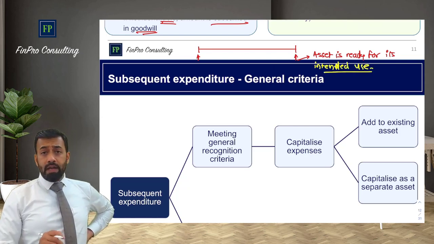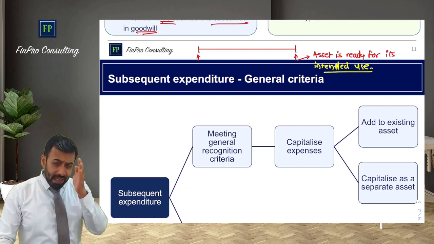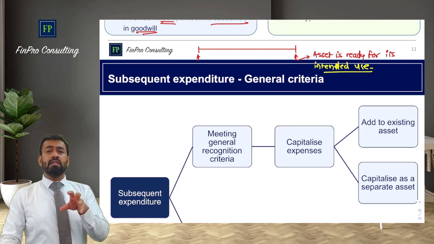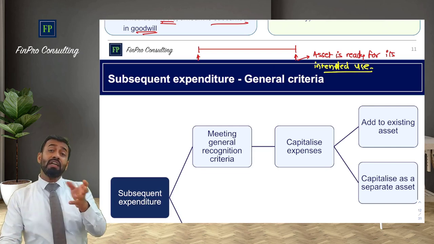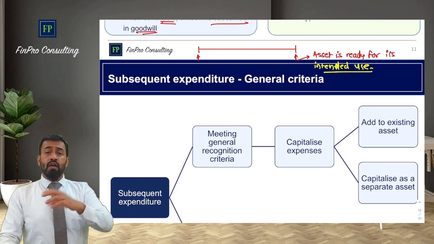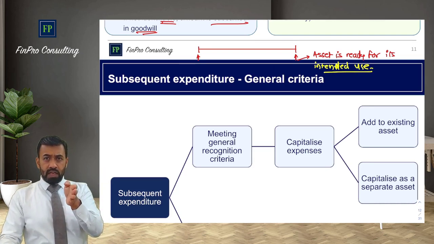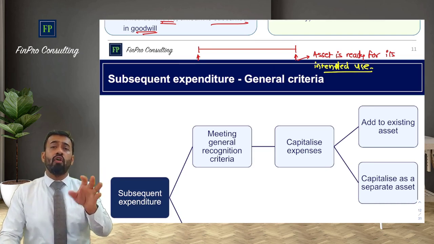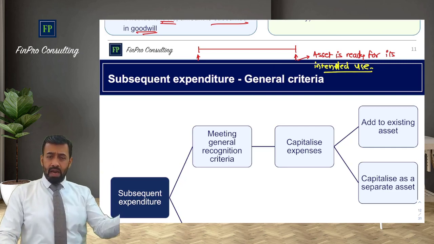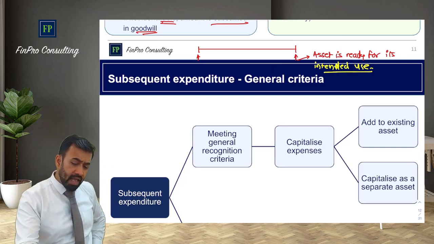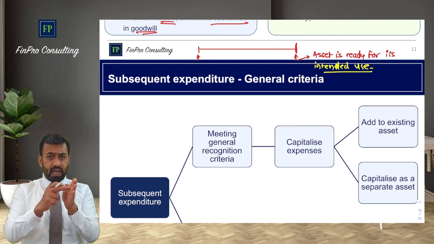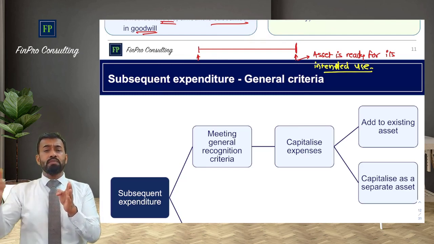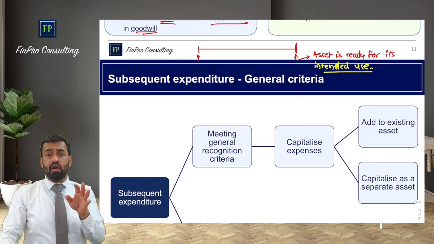Now this is the point. Till that time we can capitalize the costs which are incurred as a part of the cost of that asset, which are directly attributable expenditure. We assume that these are directly attributable expenditure and this will form part of the cost of that asset. We will evaluate, and then whatever is there till this point of time, we will actually capitalize it. But once the asset is ready for its intended use, then all subsequent expenditure is not directly attributable.